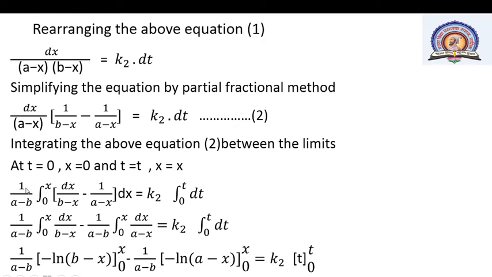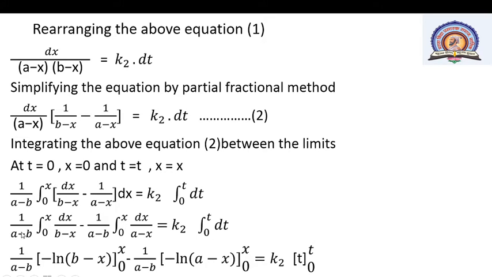Then take the integration: 1 upon a minus b, integrate 0 to x, 0 is the lower limit and x is the upper limit, in bracket dx divided by b minus x minus 1 upon a minus x, bracket complete, into dx is equal to k2 into integral 0 to t. Now these are the limits of t, that is 0 to t, 0 means lower limit and t is the upper limit.